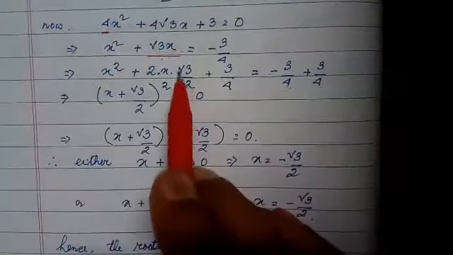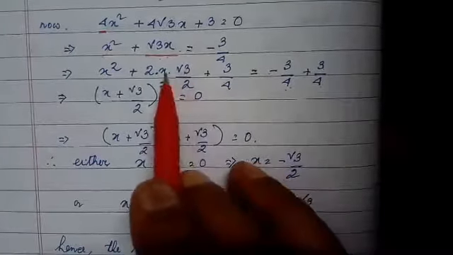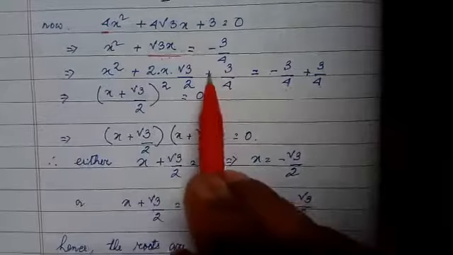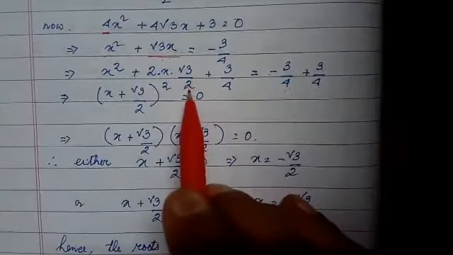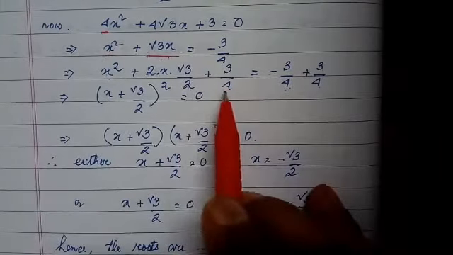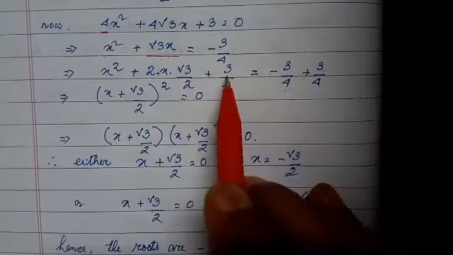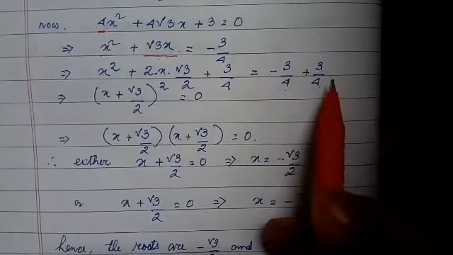So obviously this is root 3 by 2. Then 2 cancels and root 3x remains. Plus b square, then what is b? 2ab. So b is equal to root 3 by 2. Then b square, root 3 by 2 whole square, that is 3 by 4. So we have added 3 by 4 to the left hand side. So we are adding 3 by 4 to the right hand side.